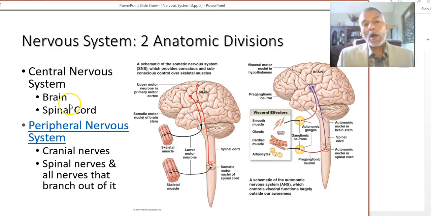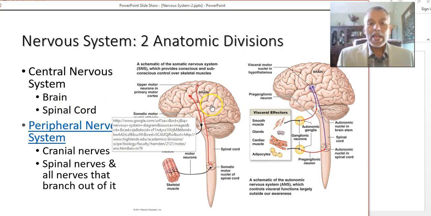So the central part of the nervous system is made out of the brain and the spinal cord, and both of these are continuous together.